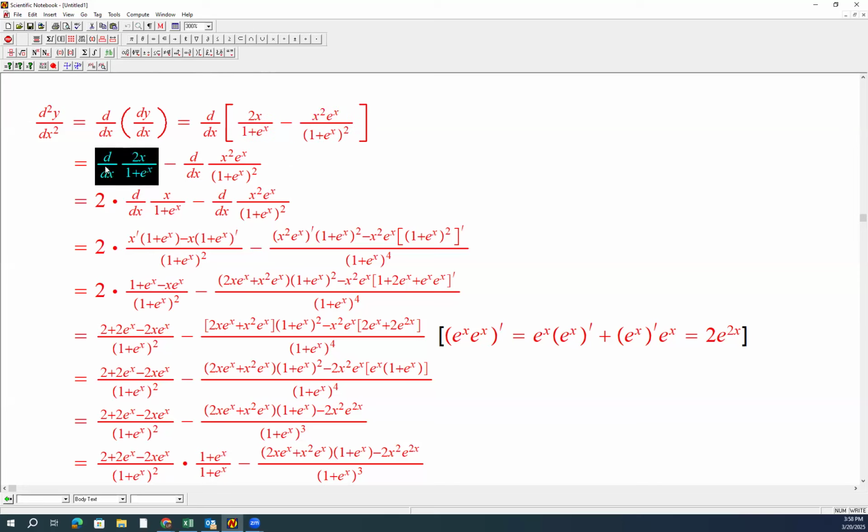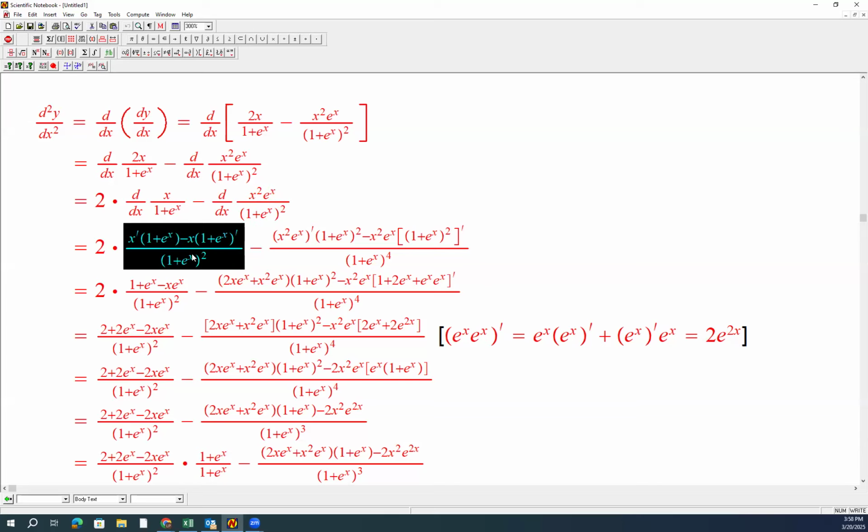So differentiating the first one, differentiating the second one. When we are differentiating the first one, I took the 2 out. So 2 is factored out, so I'm differentiating a simpler form. On the other one, this is just as simple as it can get.